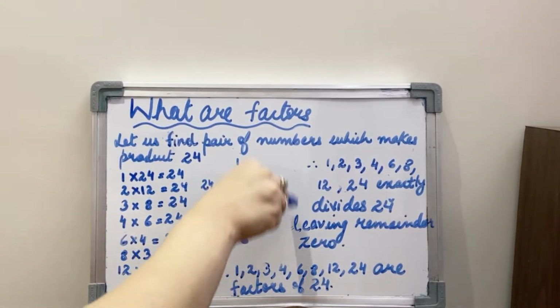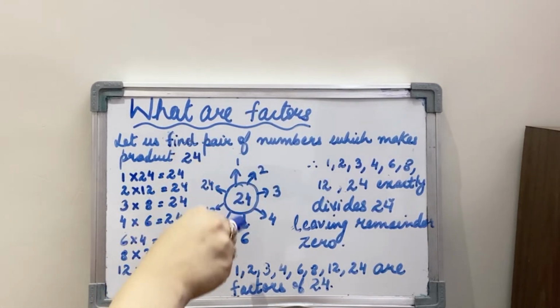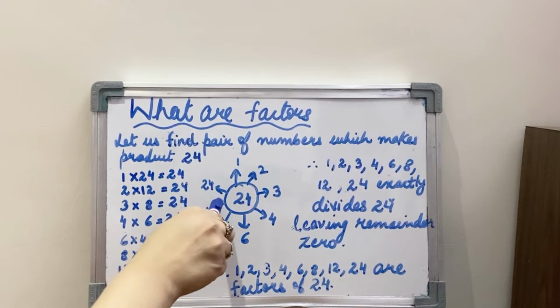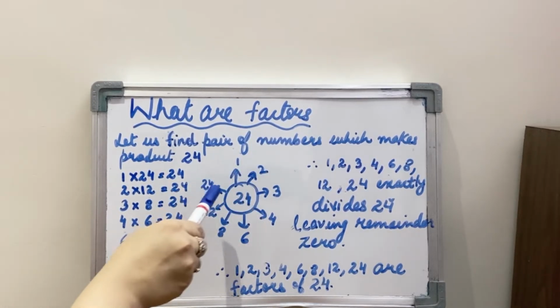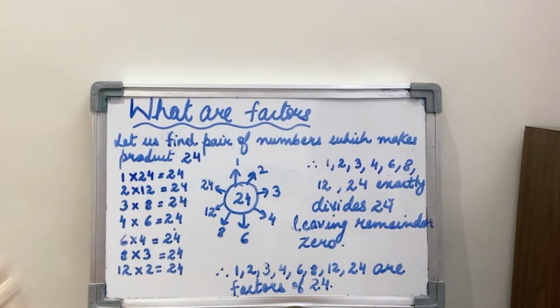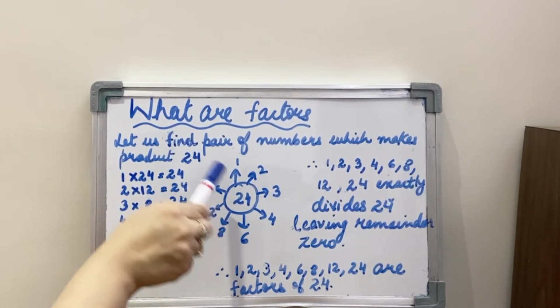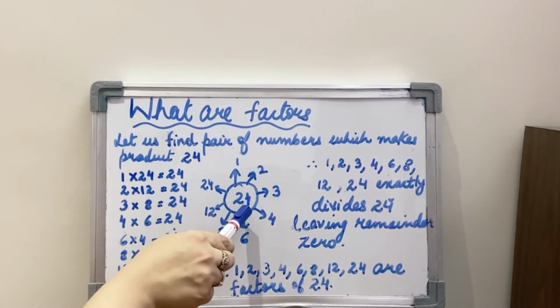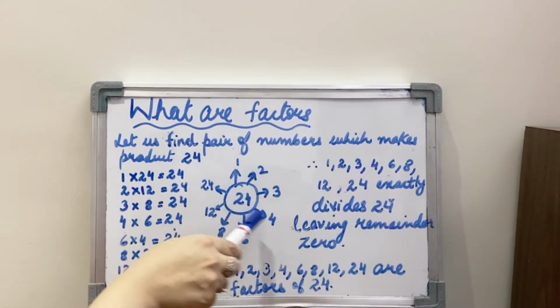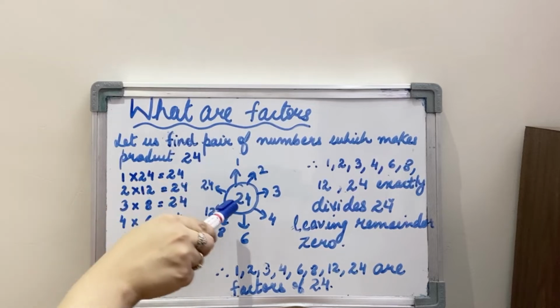And all these factors are less than or equal to 24. There is no factor which is greater than 24, because if it were greater, then it would not divide 24 and we would get a remainder. So it has to be smaller than or equal to 24.